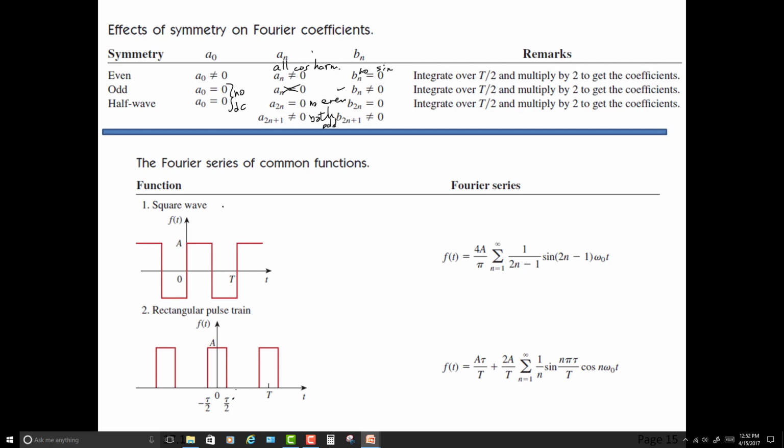Tau is free to be something else. So when you go to most signal generators, you'll see you can vary this distance. Right here, they're equal. It's a standard square wave. And this and this are equal. Now, if I change that to be a pulse train, I can change this, right? This is t minus tau.